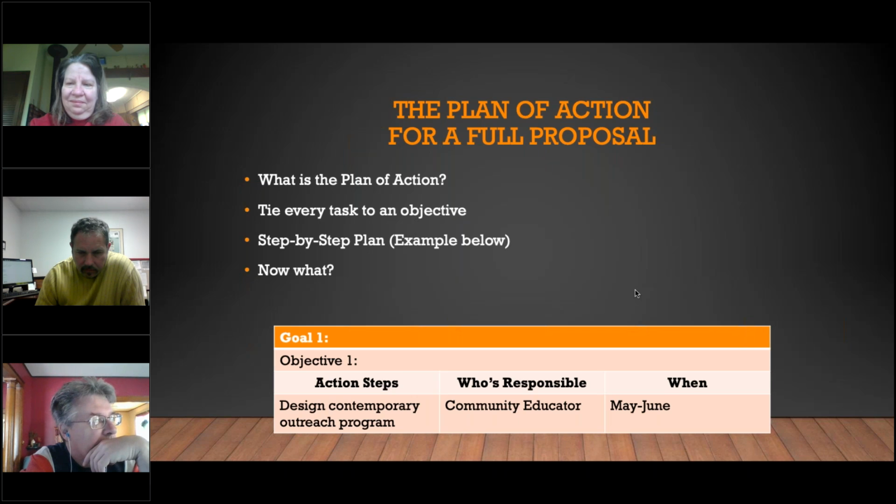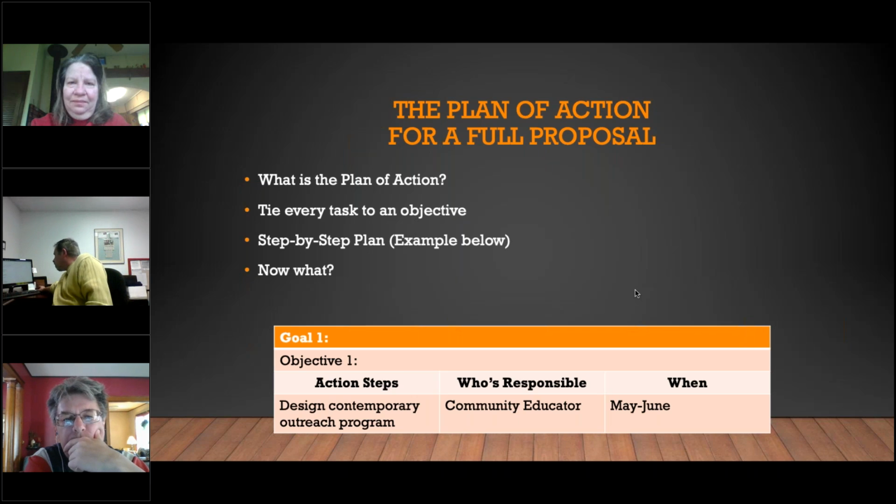Associate every task to an objective. Make sure that you've listed all the tasks needed to accomplish each objective, beginning each task with a verb and assigning a cost, timeline, and responsible person for each task. This will help keep you organized.